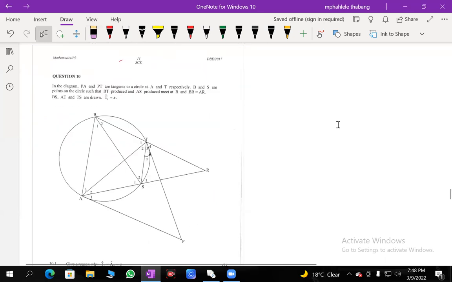Can we interpret the diagram together? You still remember how we interpret the diagram, where you say angle T3 equals B2 and you give a reason. Actually, I want you guys to look at the theorems that are applicable.